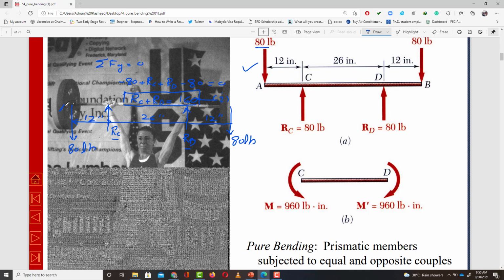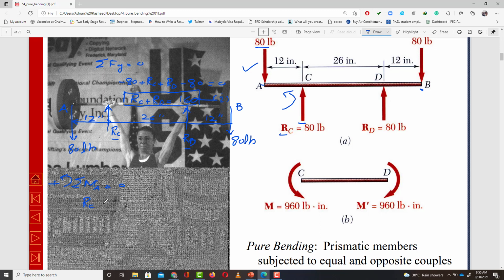Let this be point A and this be point B. You can take the moment at any point, A or B. Let us apply it. The moment about point A must be equal to 0, and counterclockwise is taken as positive. The first force producing moment is RC multiplied by 12 inch, and it is producing a counterclockwise moment.